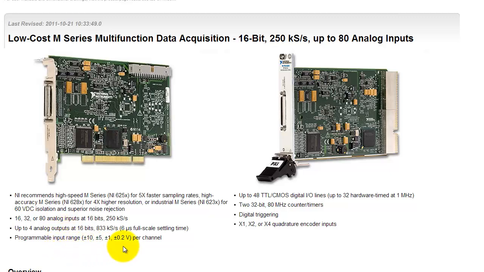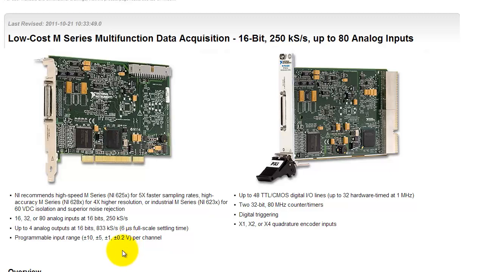And remember, for the resolution there are two important things. One is the voltage range that you're dividing. The other is the number of bits you can use to hold that digital information. Well, this card you can program into 4 ranges. It can measure its highest resolution over a 200 to negative 200 millivolt voltage range.